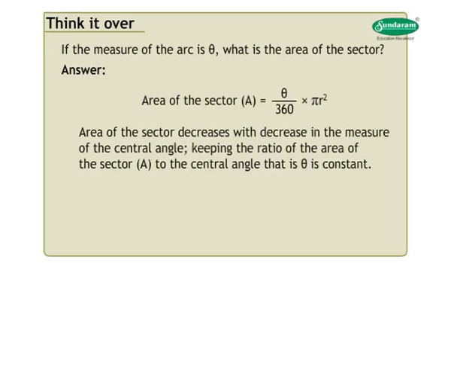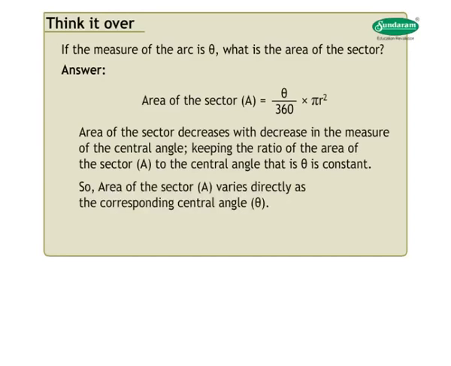Area of the sector decreases with decrease in the measure of the central angle, keeping the ratio of the area of the sector A to the central angle theta constant. So, area of the sector A varies directly as the corresponding central angle. Thus, area of the sector A is equal to theta upon 360 into pi into r square.